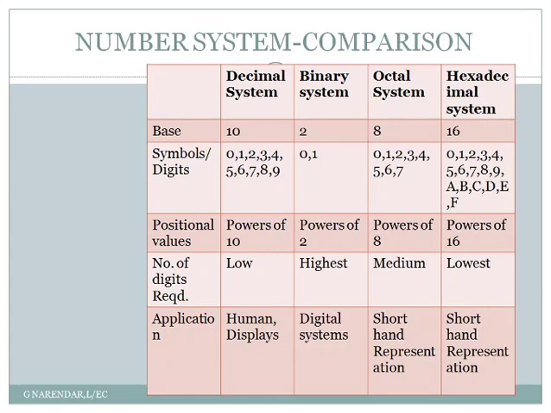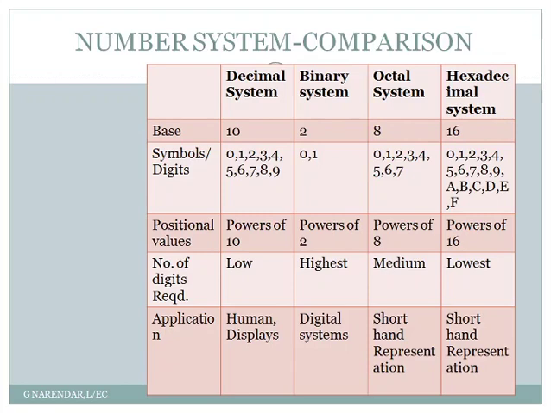Out of these, the binary system is the preferred one for digital circuits, as it is very easy to work with two distinct voltage levels. So the binary system is the most preferred one for digital circuits, as it is very easy to implement the circuits inside.